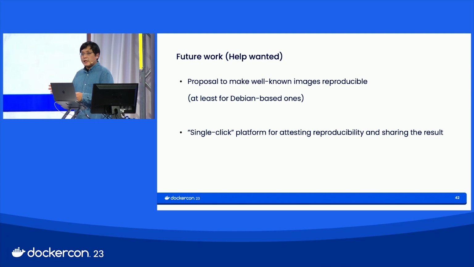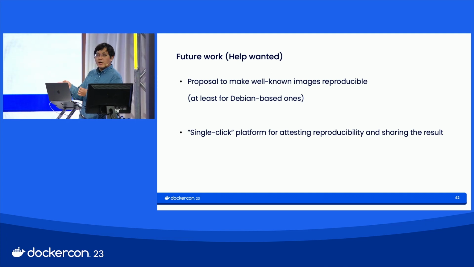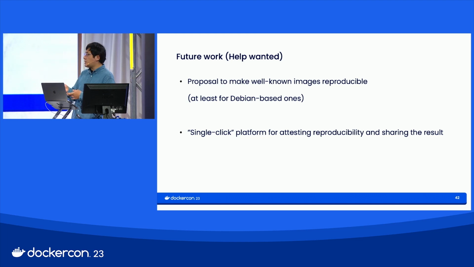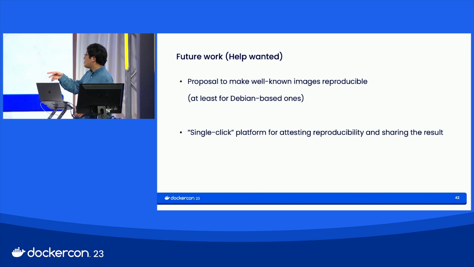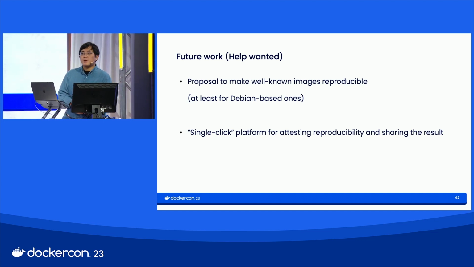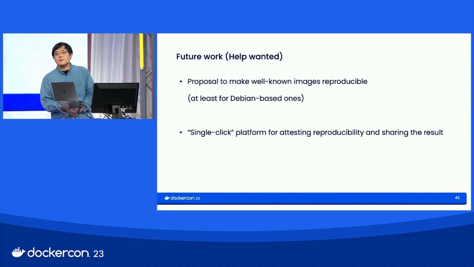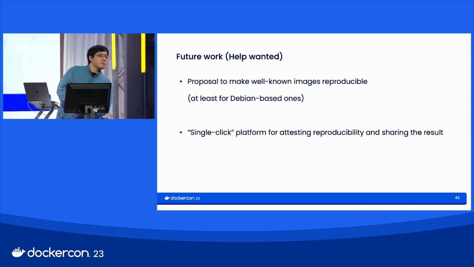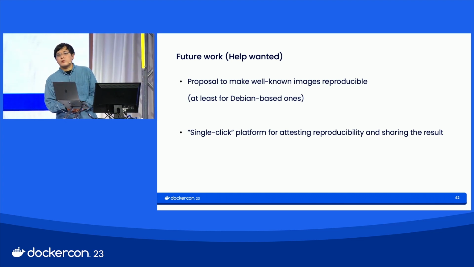So ideally, I think Docker Hub or other image registries should have a button to help testing reproducibility on their own machine. Yeah, this is mostly about the user experience. Any other question? No? Thank you.